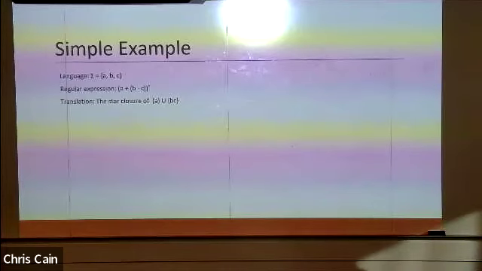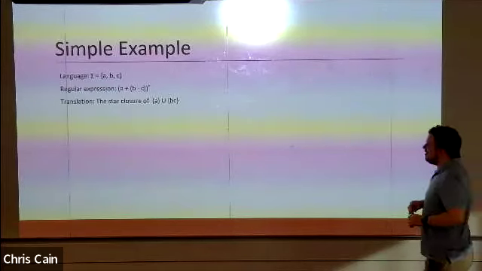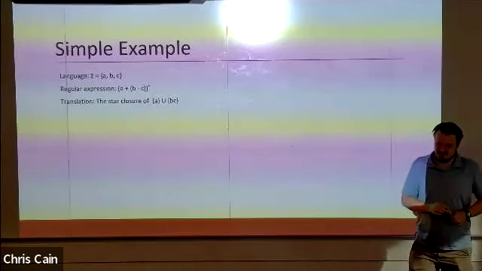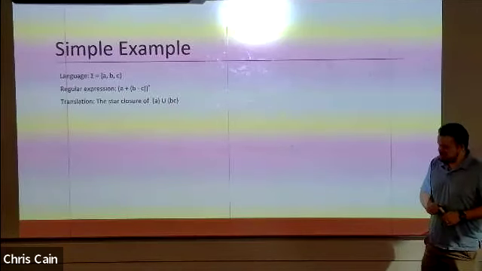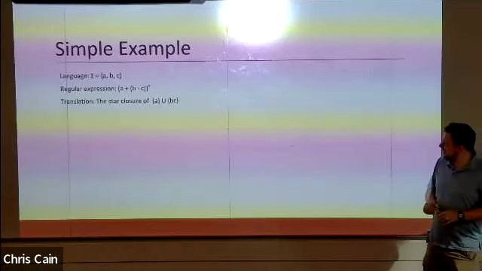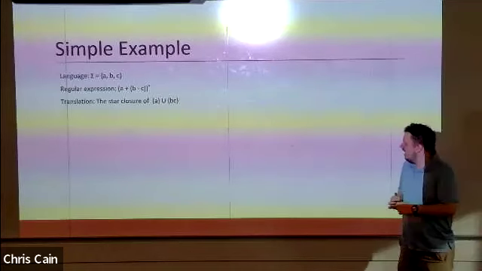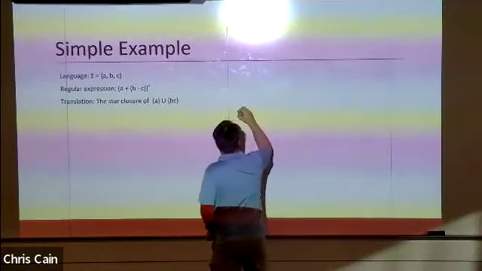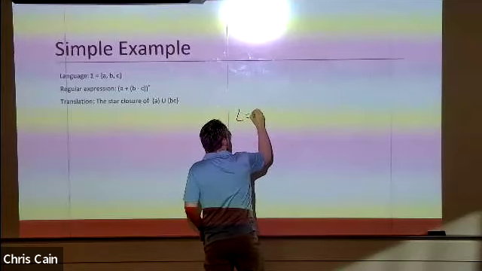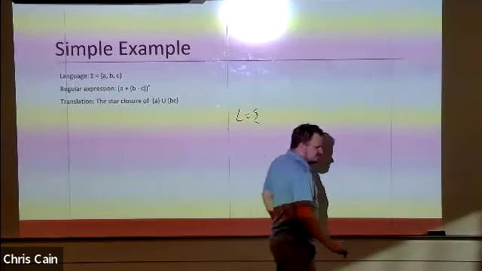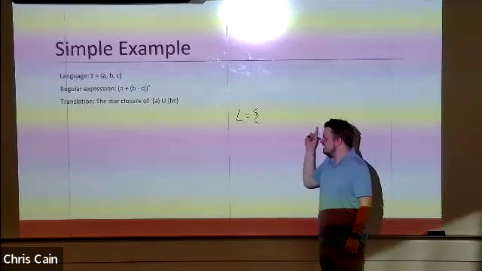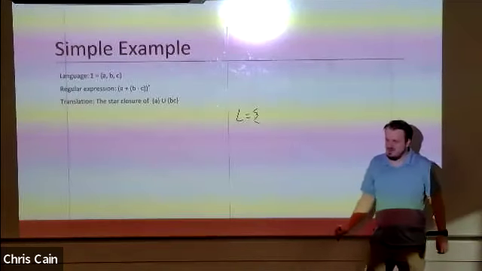Let's see if we can come up with this language. So let's start by just listing some strings that belong to this language. So I'm just going to say something like L equals, and I'm going to start with some curly braces, and we're just going to start listing some strings until we come up with some kind of pattern.